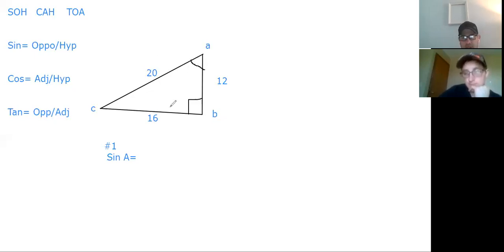Opposite would be 16, and hypotenuse would be 20, because hypotenuse is always the biggest. So it would be 16 over 20. So all I got to do is come back here and put 16 over 20. That's it.